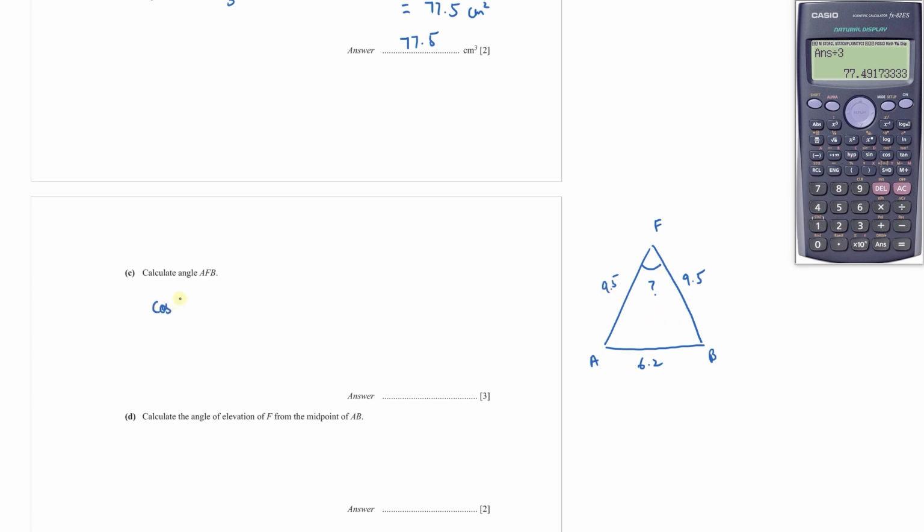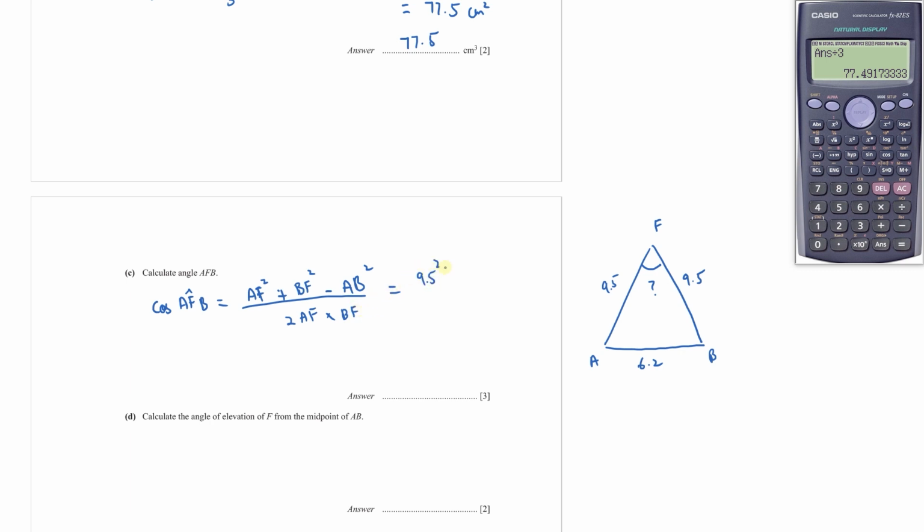So cos of angle AFB will be, let me write down first the sides. So AF square plus BF square minus the opposite side of the angle, which is AB square, divided by 2 times AF times BF. So let's substitute the values.